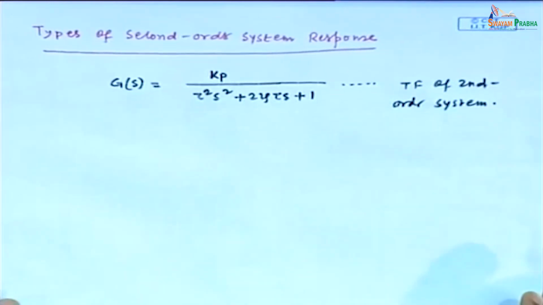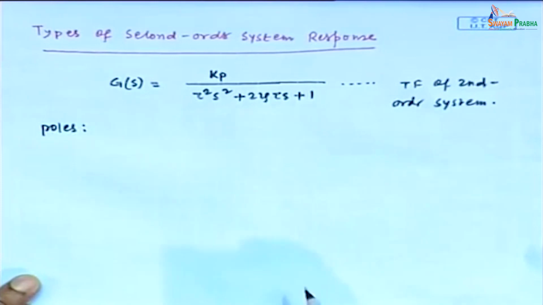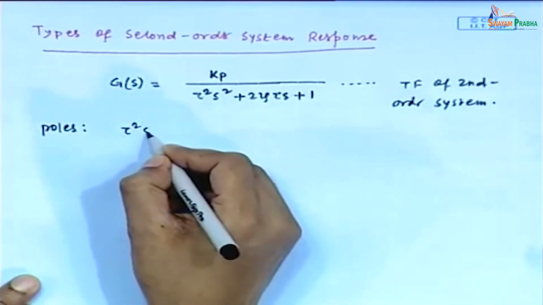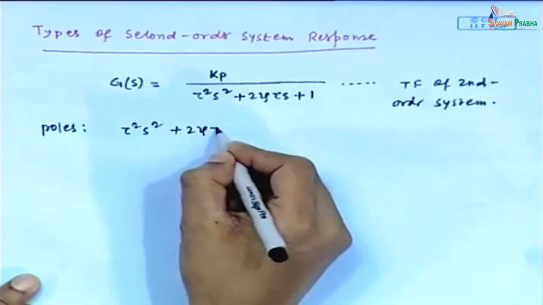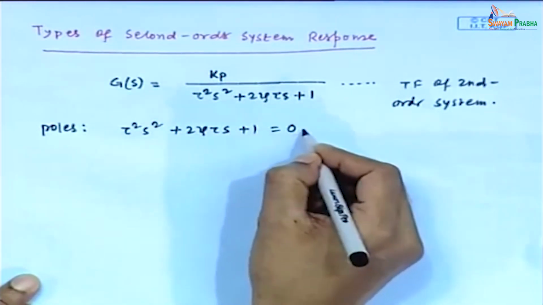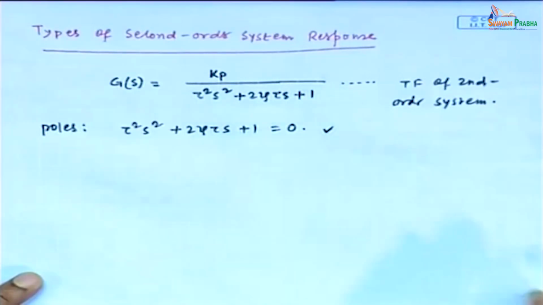Fine. Now, we want to determine the poles of the second order system. For determining the poles of the transfer function, or poles of the system, we write tau squared s squared plus 2 zeta tau s plus 1 equals 0.